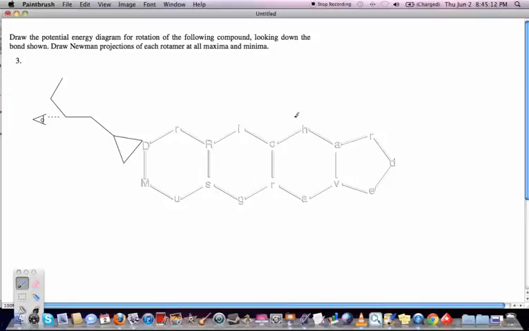I'd like to show you an example of a Newman projection problem. So your first step is to set up your graph, and on this axis you'll have energy, and on this axis you'll have a degree of rotation.